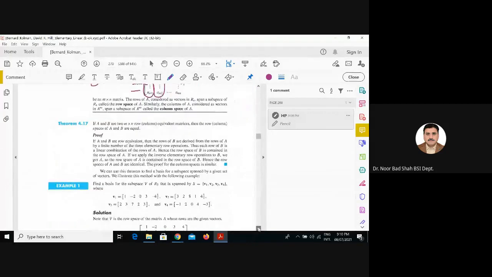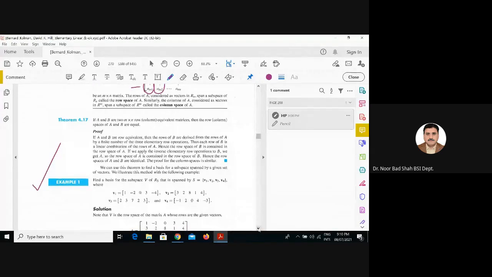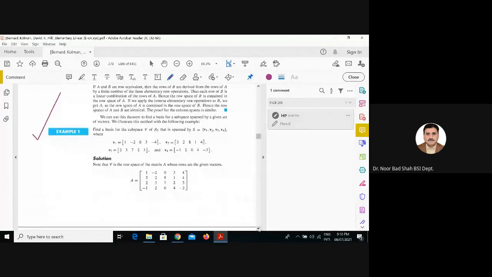So you see, it's find a basis for the subspace V of R5 that is spanned by these vectors, which we have already done. There are two types of questions in this case. One is, you will be finding a basis for a subspace of R5 spanned by these vectors, but the basis may or may not contain these vectors.